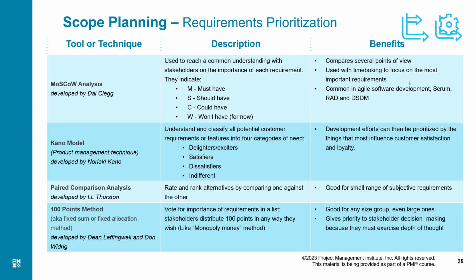Okay. Actually, this is a very popular term, and this was developed by Dai Clark, and if you take the vowels out of it, we have 4 characters: M, S, C, and W, right?